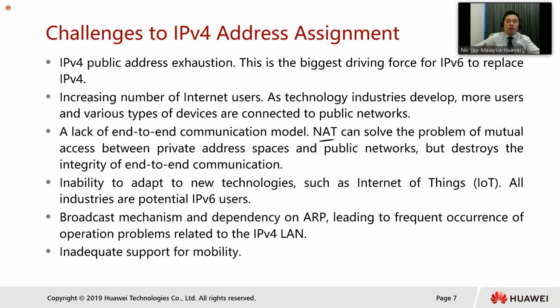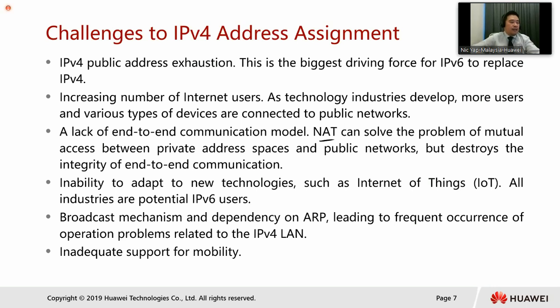Whichever address I do not know, I will still send broadcast information, especially ARP. When ARP is sent, it means it's a broadcast already. When a broadcast happens at layer 2, it will just be sent to everybody. So this also can cause problems like a broadcast storm. MAC address flapping will also happen in the IPv4 LAN environment.